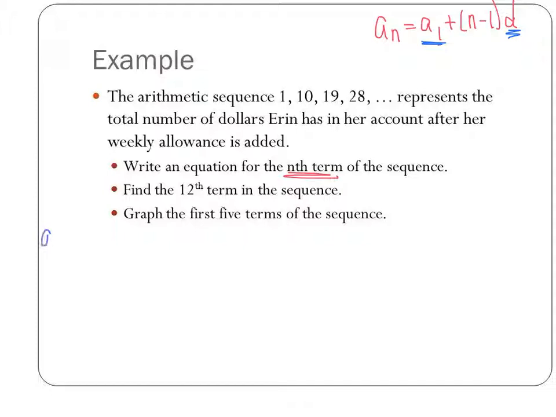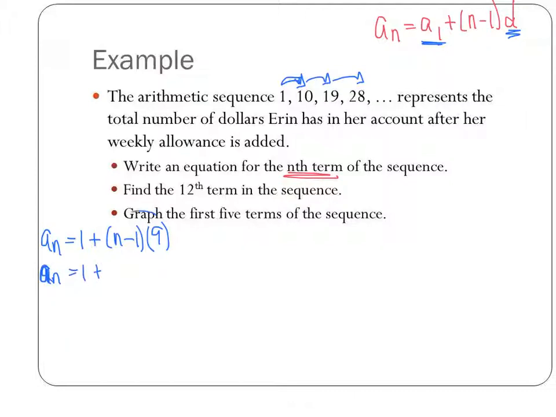So my equation for my nth term, a sub 1 is 1 plus n minus 1 times d. So what is d here? What am I adding every time? I'm adding 9. Okay, I don't want you to leave it like this though. I want you to simplify.